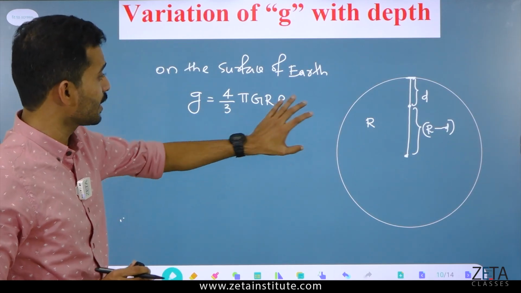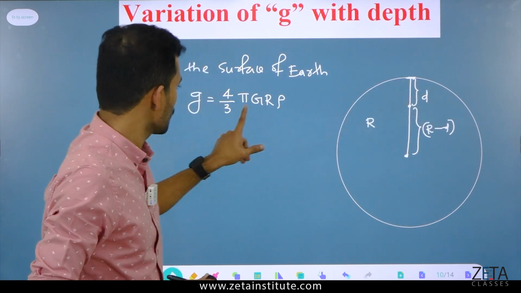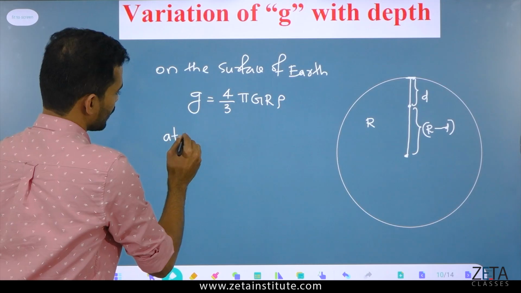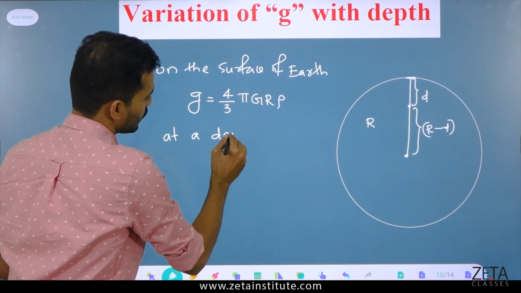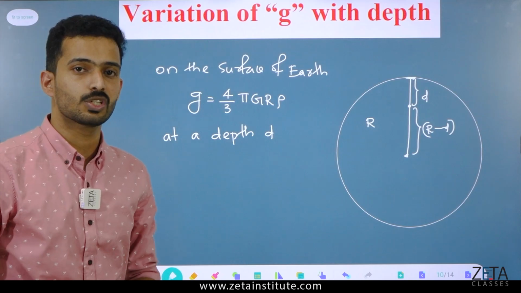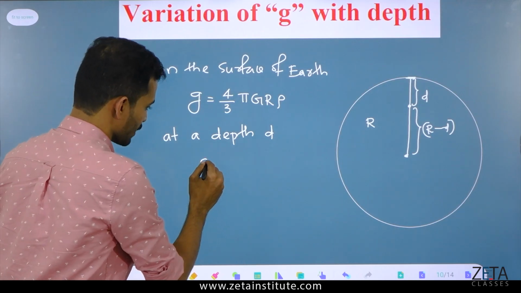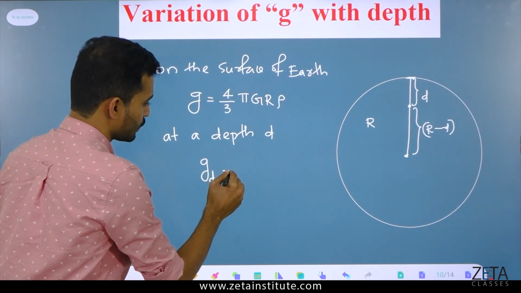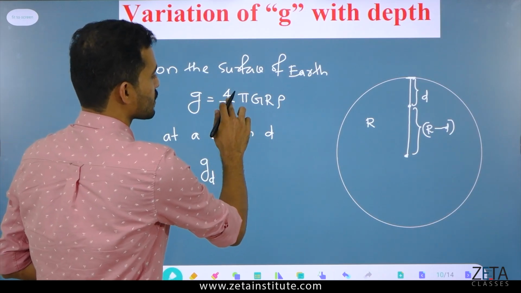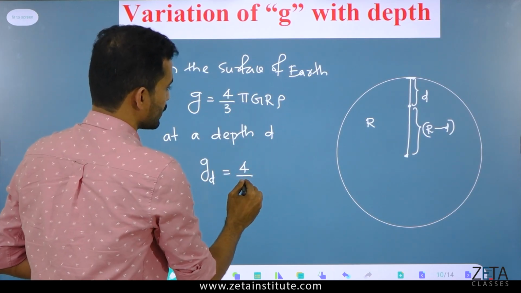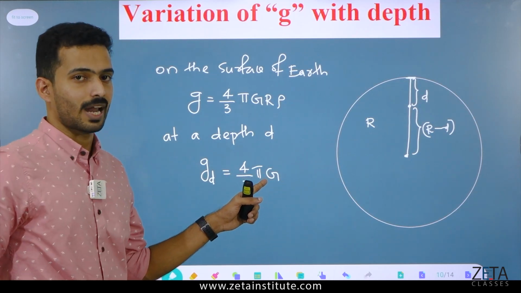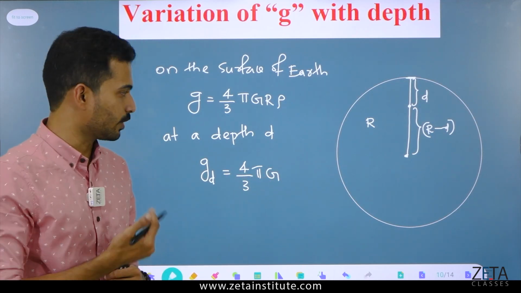On the surface of the earth, the radius is R. Next, at a depth d, what is the value of acceleration due to gravity? There is no change in the value of these constants, 4 by 3 pi G. G is the gravitational constant, there is no change when we go down.